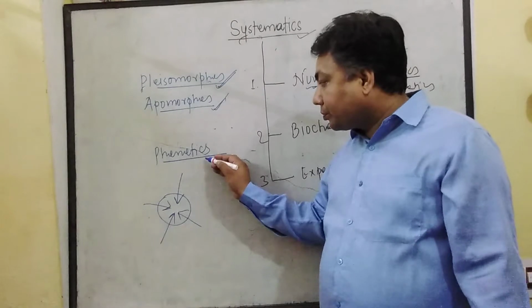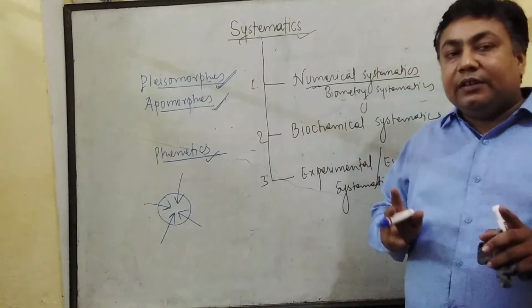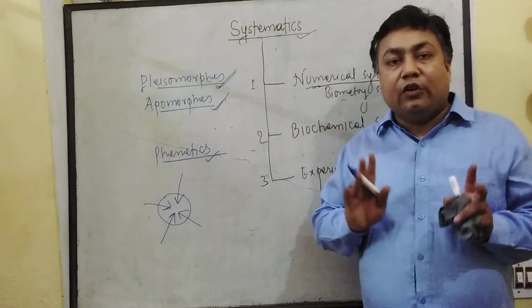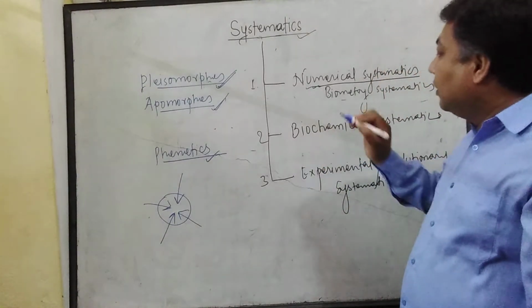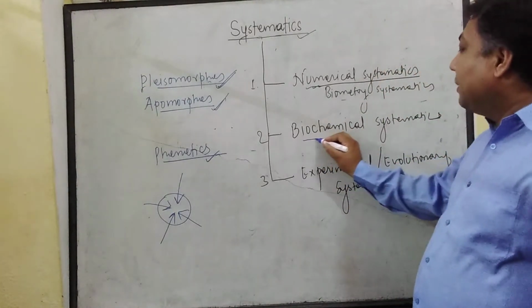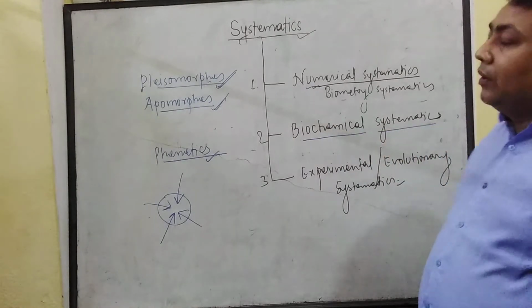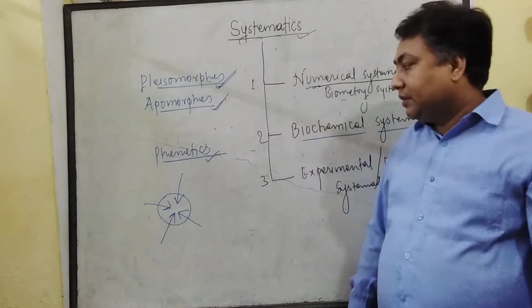So this is the demerit of numerical taxonomy. Now we focus upon biochemical systematics. What is this biochemical systematics?